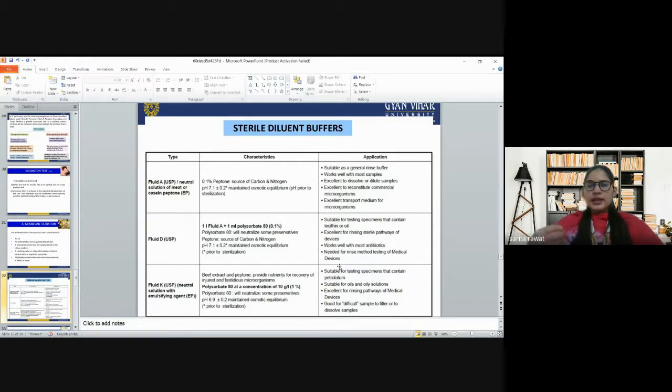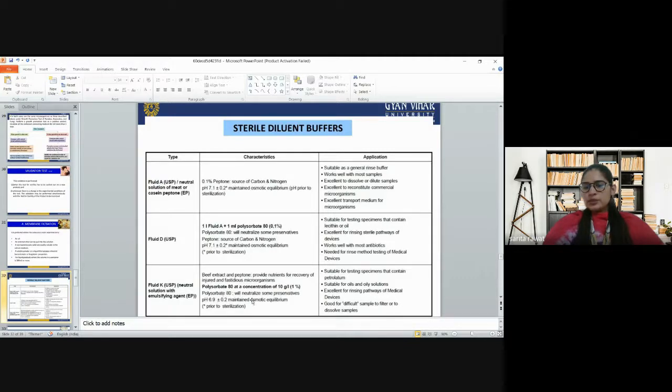Then the other type is Fluid K USP, a neutral solution with an emulsifying agent. The characteristics include beef extract and peptone, which provide nutrients for the recovery of injured and fastidious microorganisms, and polysorbate 80 at a concentration of 10 grams per liter, 1%.